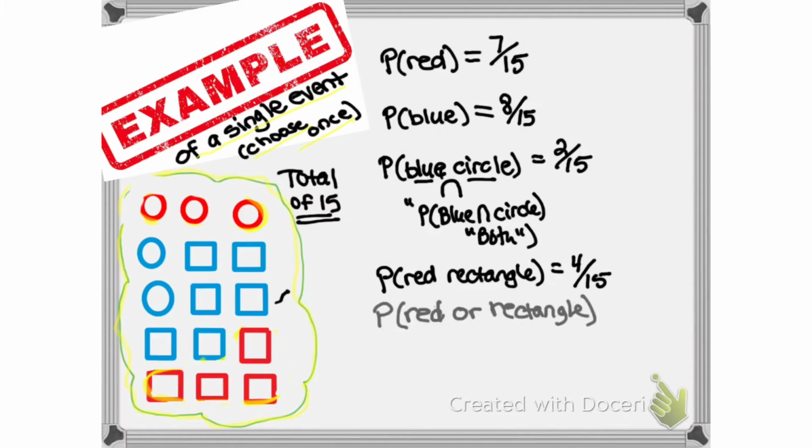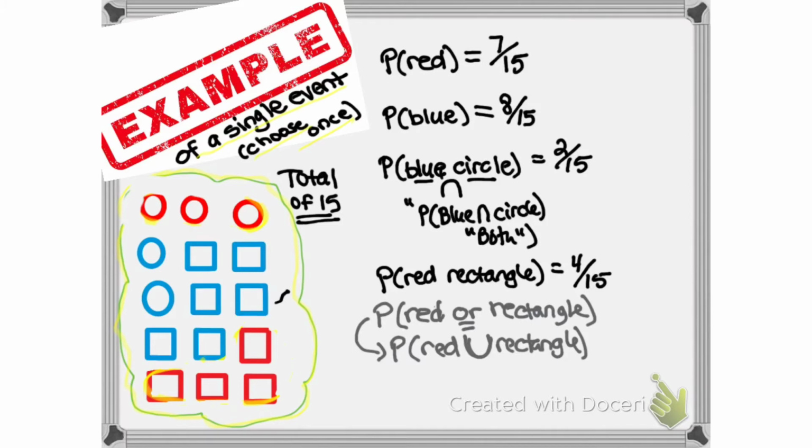Now consider the probability of red or a rectangle. That is not the same as "and." The symbol that we use looks like a U: red, or, a rectangle, and that is not both. When I said to you about "or," you want to think of addition.